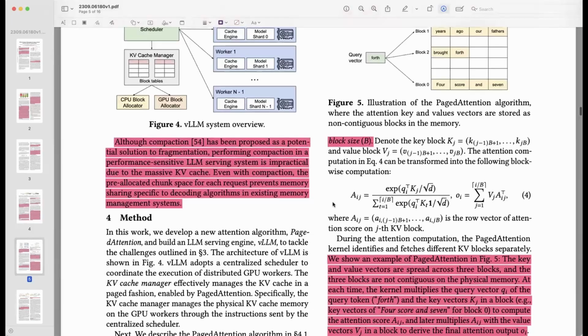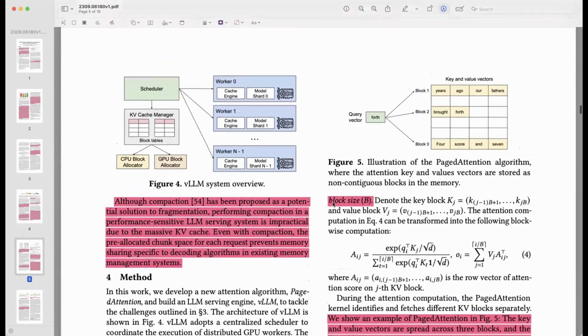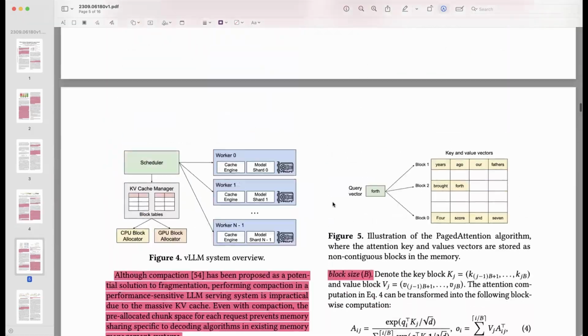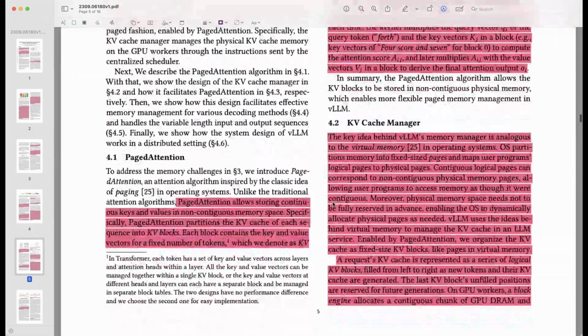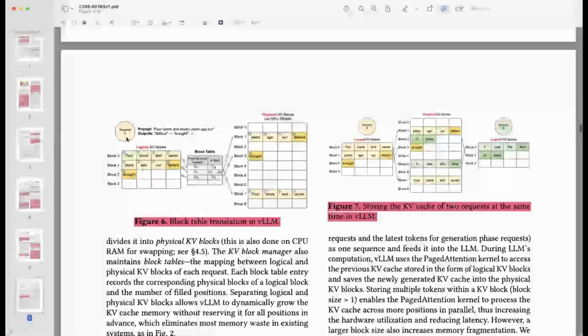So let's go down to the paged attention example. Okay, yeah. So this is basically paged attention, the way you map the physical space and the logical space to each other. In this request, your prompt is so and so, and then your output, or the decoding phase, will generate "fathers brought".